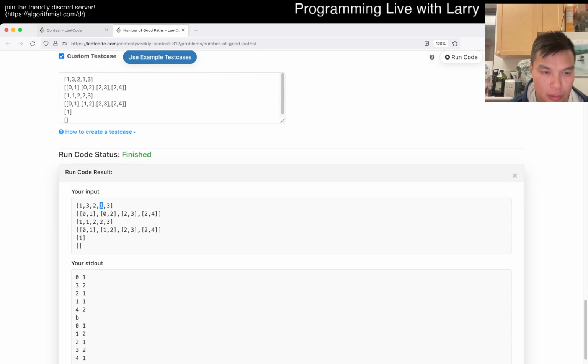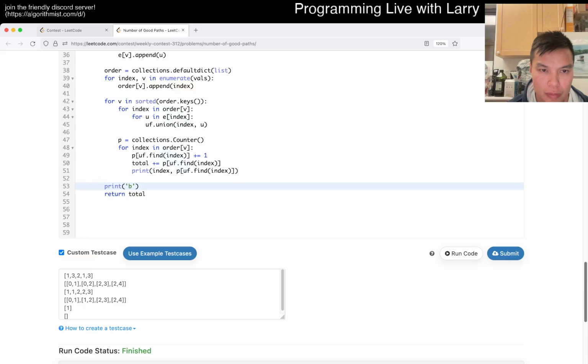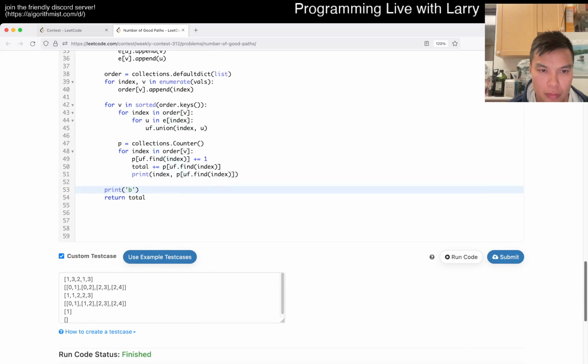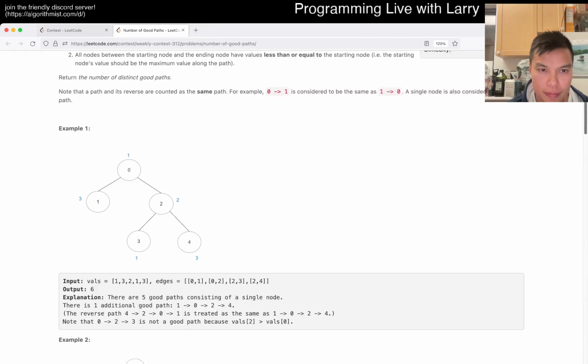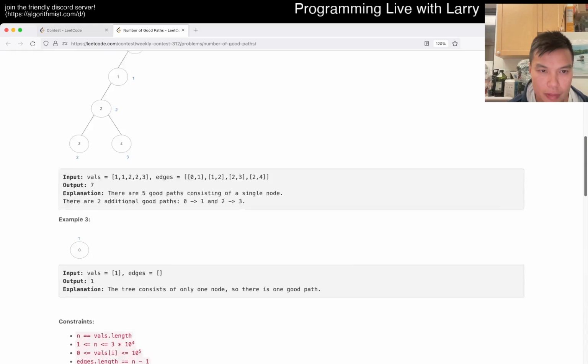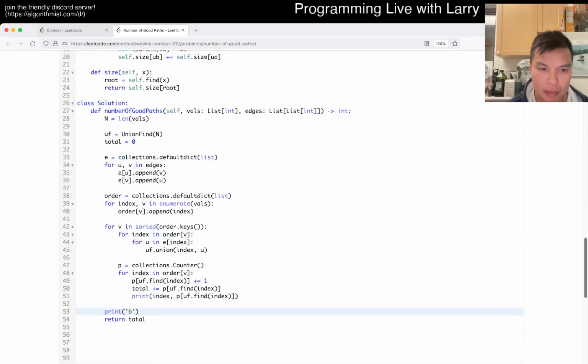Has 2. Is that true? Wait, is that true? No. Oh, I see. Because it thinks that I'm connecting it wrong.